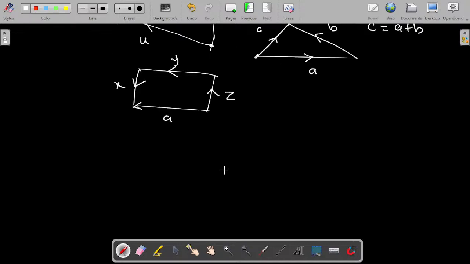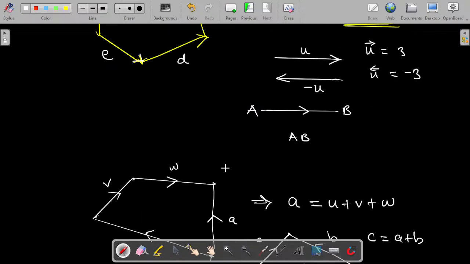Okay, now that's nice. So let's go back to what I was explaining earlier. Now we are saying that if this is AB, now listen to the movement A to B. That means the direction is this way. Now, if you talk about BA, BA is not equal to AB.